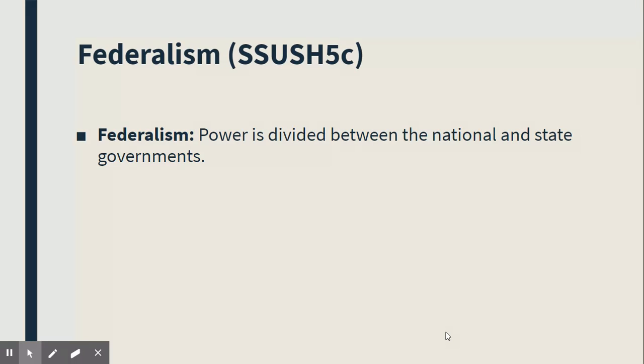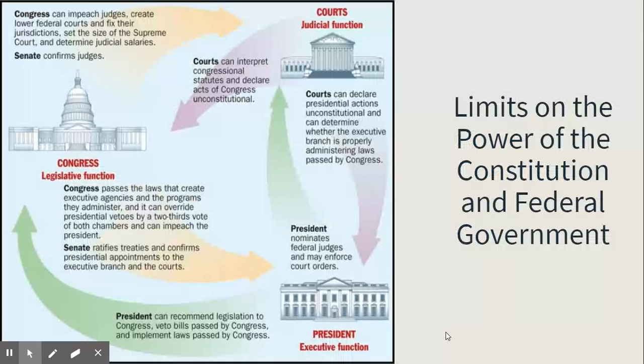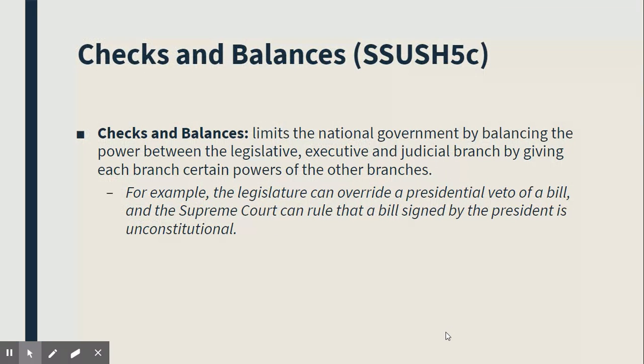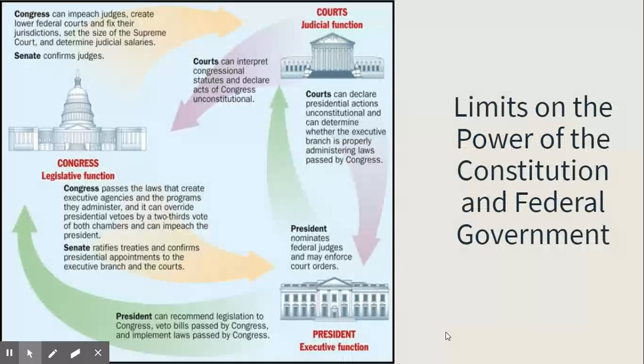Number 10, checks and balances. By the way, right here is where you're talking about your limits on the government. Not every branch, you have the executive, the judicial, and the legislative, none of which have the same laws or have the same rules.